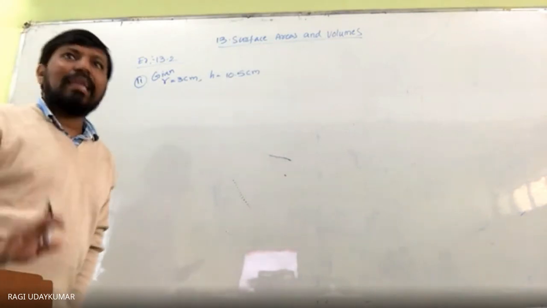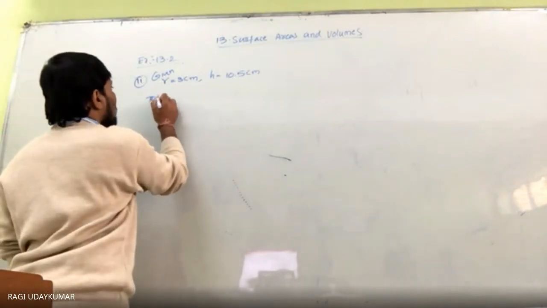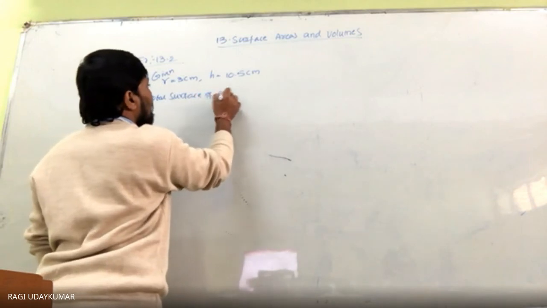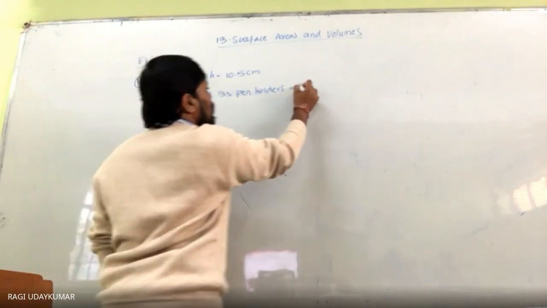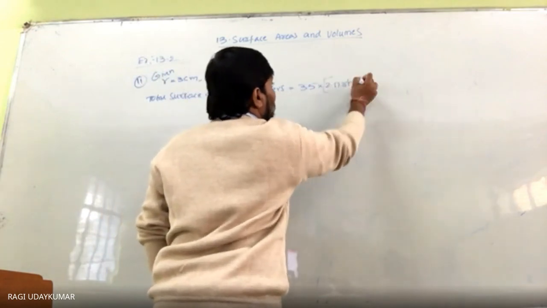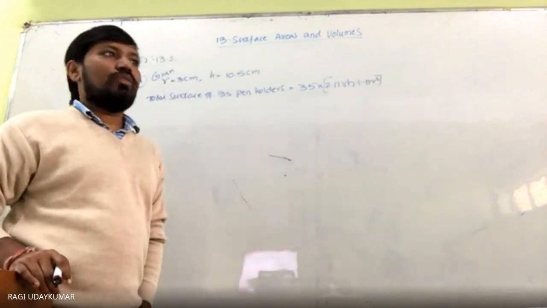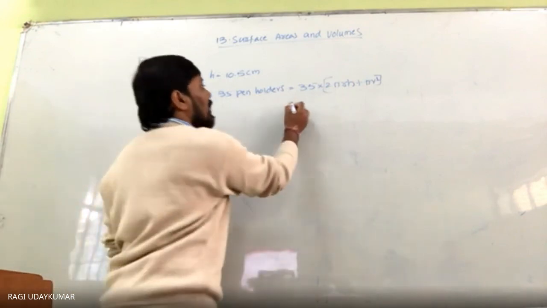Otherwise, you can directly take the 35 pen holders. So total surface area of 35 pen holders is equal to 35 into 2 pi r h plus pi r square. Only 1 pi r square to be taken into consideration. 2 pi r h plus only 1 pi r square.